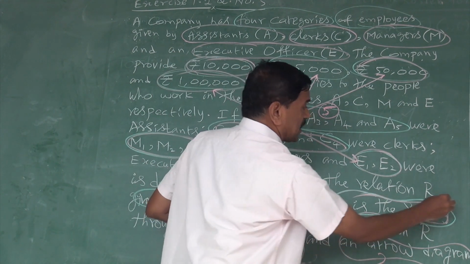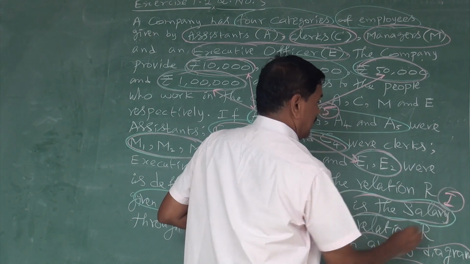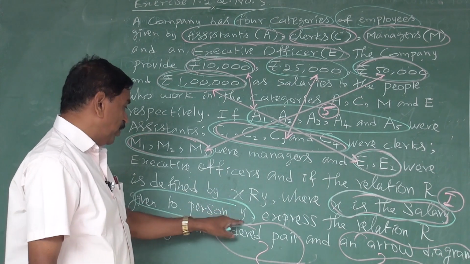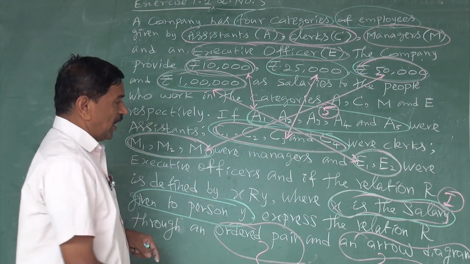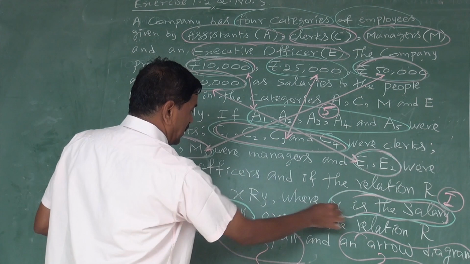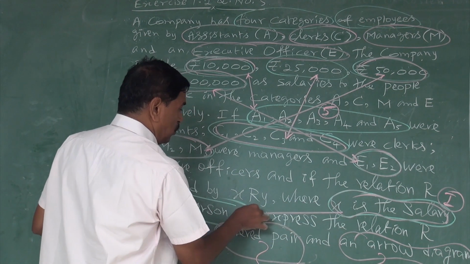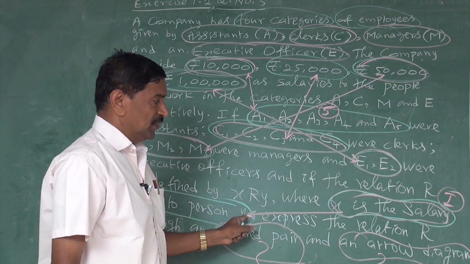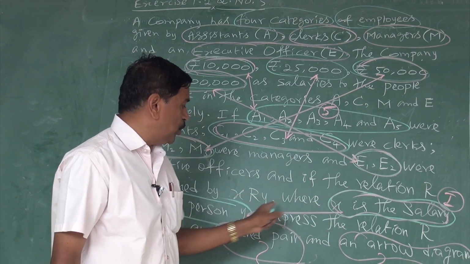So the first one is salary. X is the salary and Y is the person. So we want to relate X to Y, which means salary to the person.